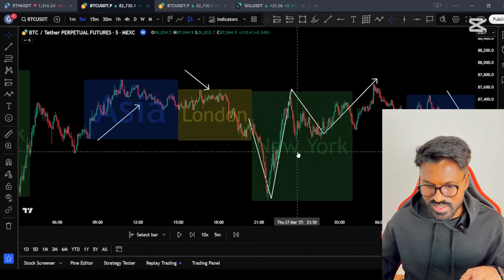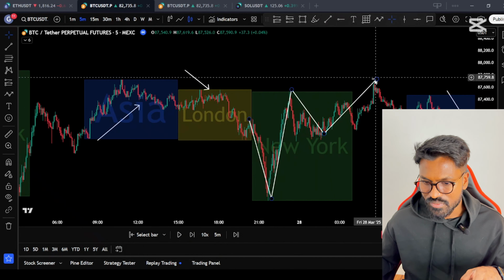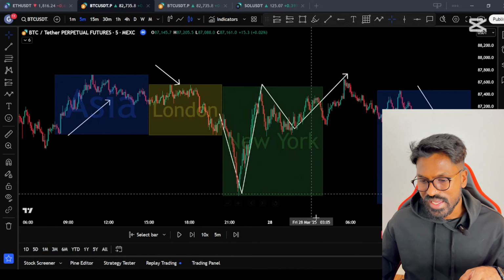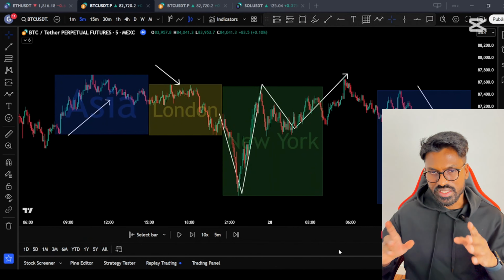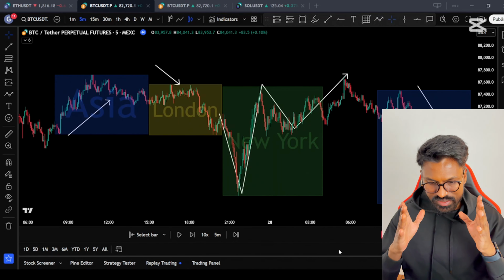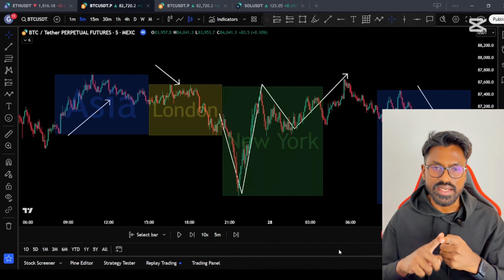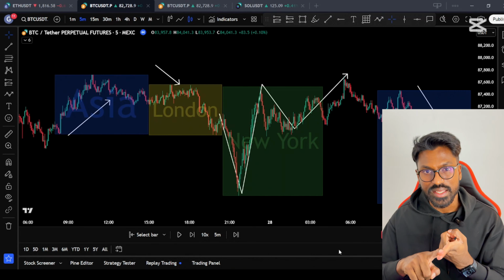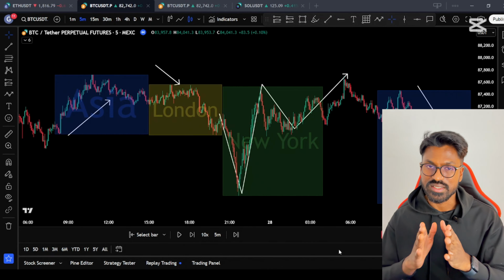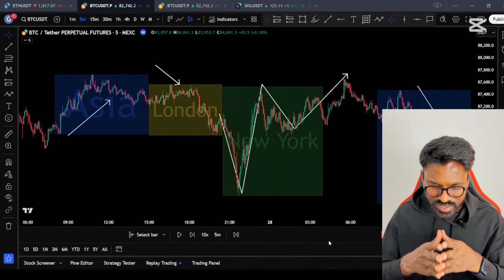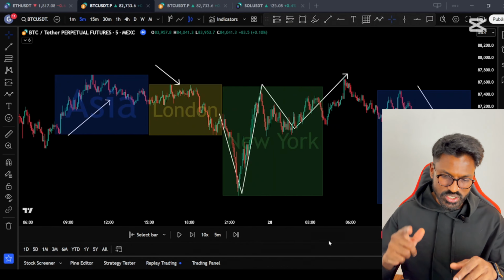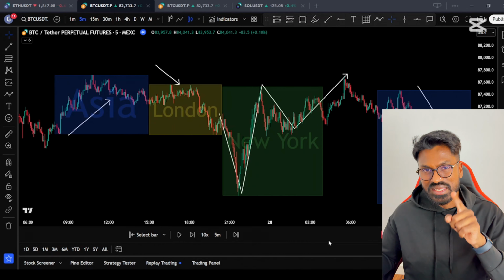It moved down, then it started to move up, and then we start to see price move higher. So why does this happen? It is because in each of these sessions, we have different people in control. And this trading indicator helps us understand when the sessions are opening, and most importantly, who is currently controlling the market, so we are able to capitalize as much as we can on any trades that we take. So let's move on to the next trading indicator.